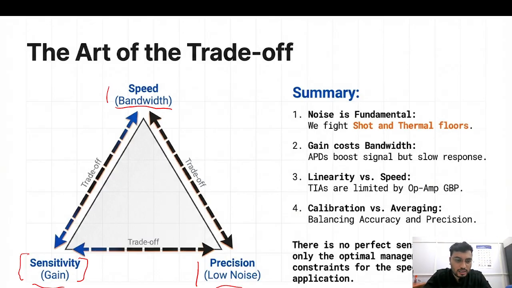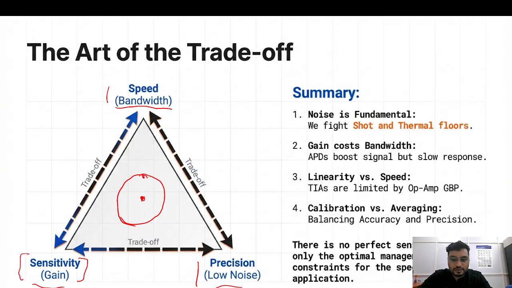The best thing is the balance of all three parameters: speed, sensitivity and precision. You can't achieve the exact center, but if you have something in this area, it can be a good sensor. I hope you can understand that.